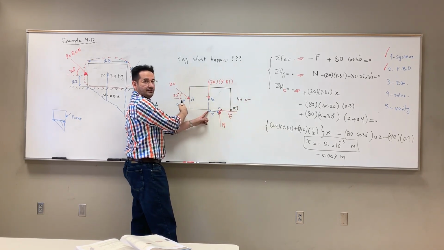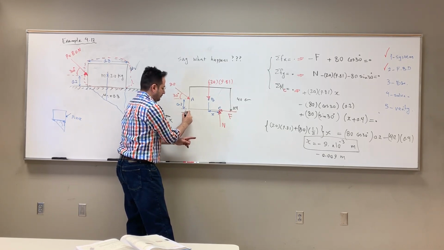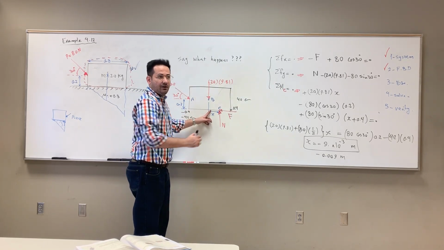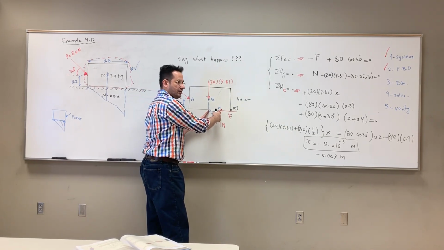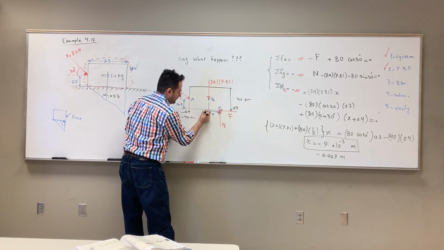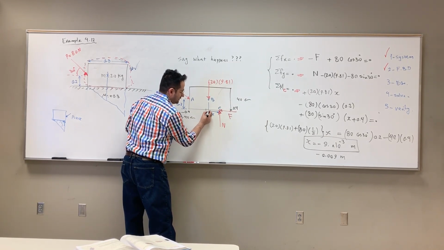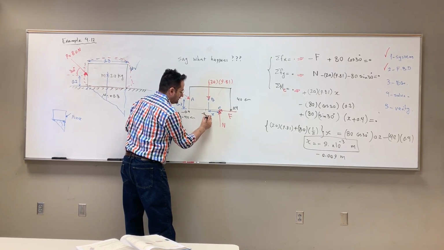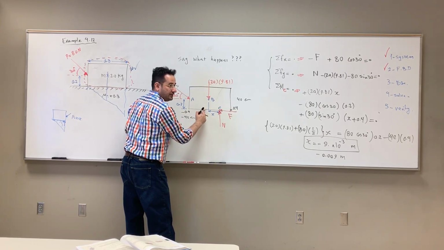And what is this end? Negative 0.4 or negative 40 centimeter. Now my x that I get is what? Negative 9 millimeter. Almost a centimeter from the left. Here. Negative 9 millimeter. Right?